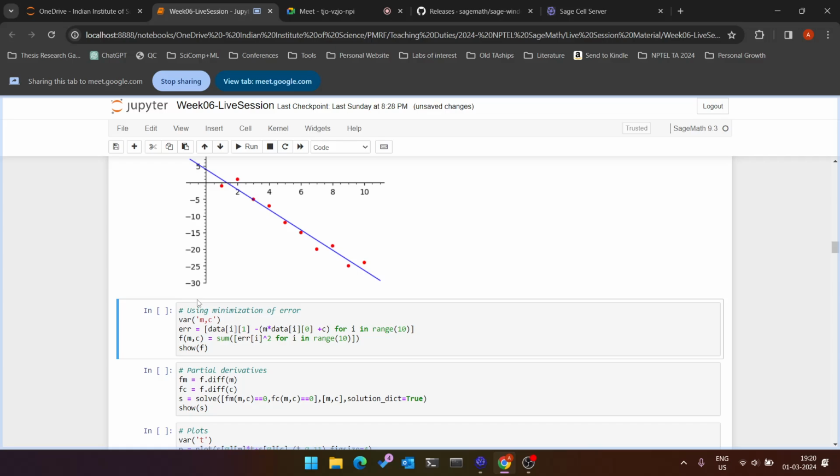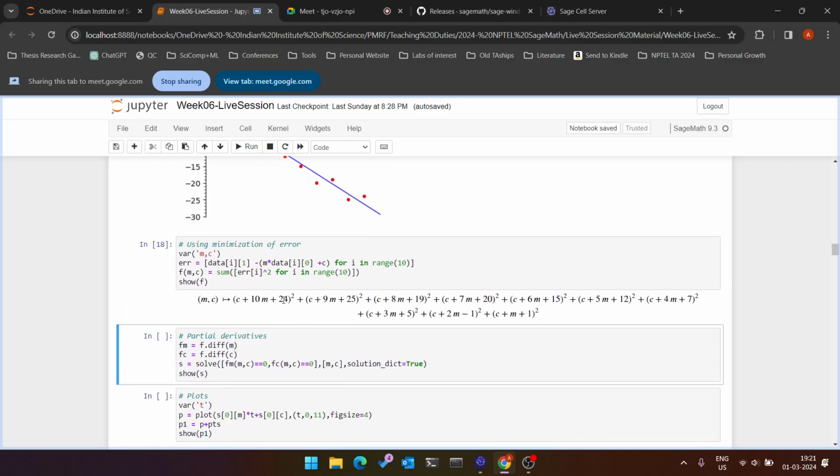Same thing as we have seen earlier, we can use a minimization of error approach to do that. Again, the same process: define variables, write down the error for each data point, defined as the difference between model prediction, which is mx plus c, and my actual value, and then write down my big error function as the sum of squares of error for each data point.